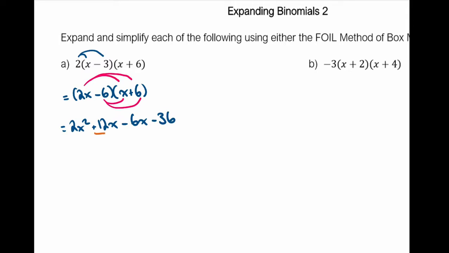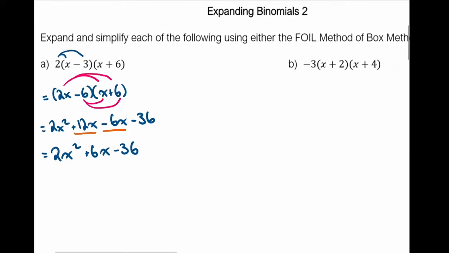We should recognize, same thing as before, our two middle terms are our like terms, so we add them together: 2x squared plus 6x minus 36. And again, this is our simplified form at the end.